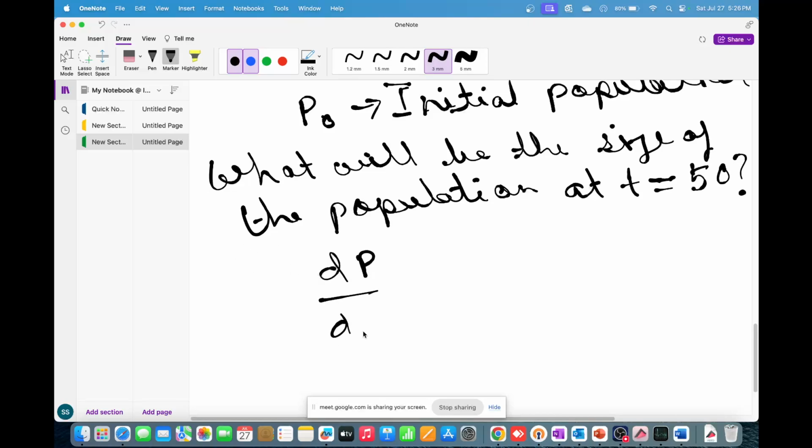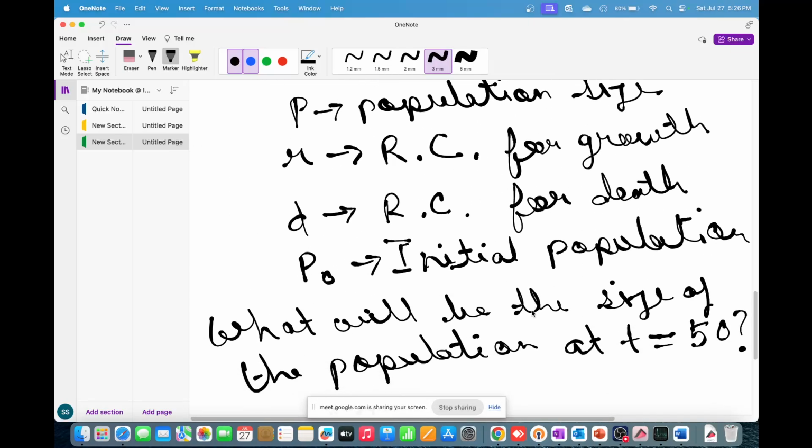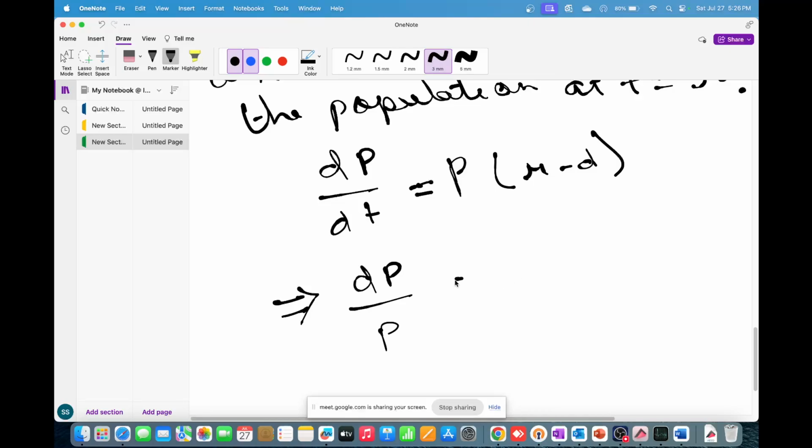dp/dt equal to, if you take p common from here, it becomes p into (r minus d). Now you can easily separate it out: dp by p equal to (r minus d) into dt.